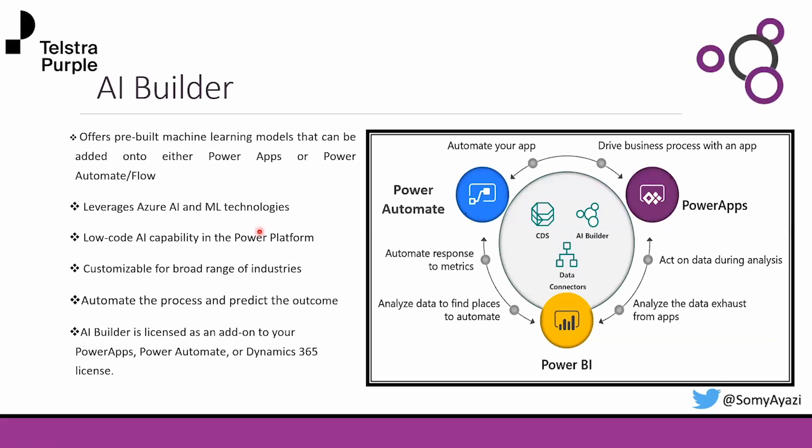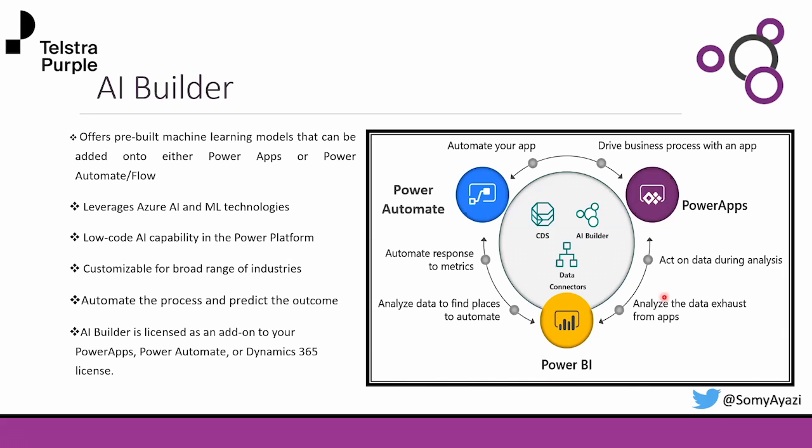To iterate on what I just said, you have the core, which is the CDS. You have the AI Builder, which I'm going to talk about next, and you have the data connector. So as you can see, based on your data, you have the option to push or create apps to automate your process. You have the option to use Flow or Power Automate to connect different entities and different services that you have within your organization.